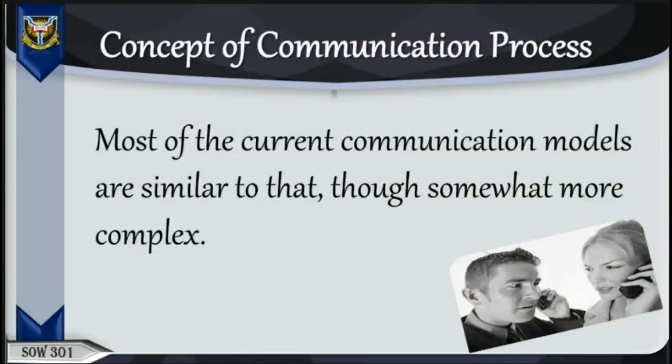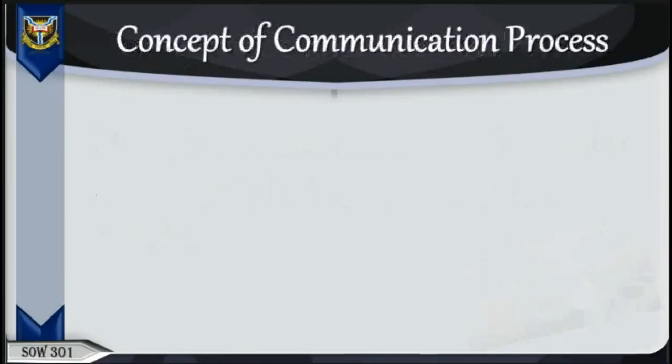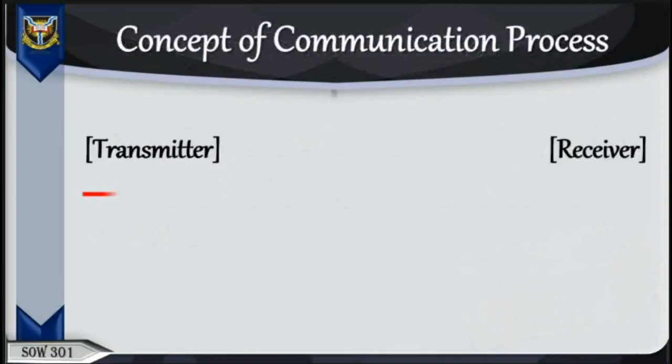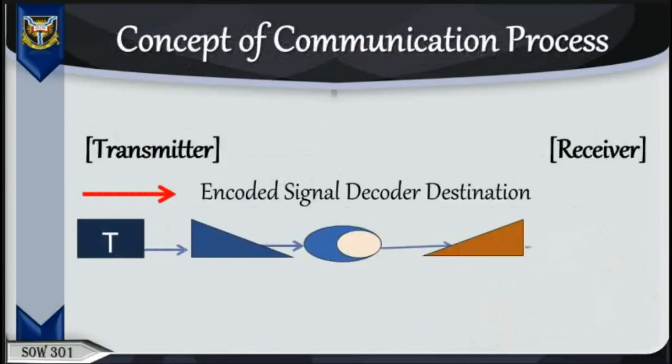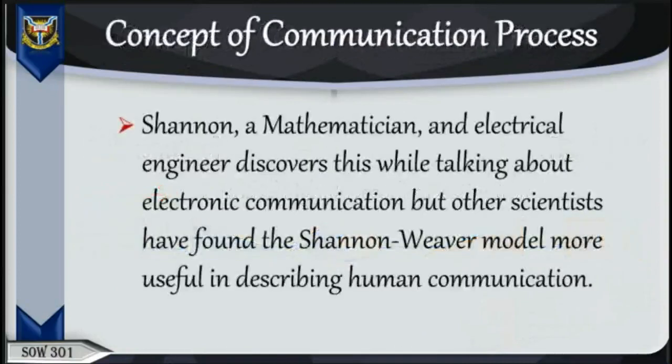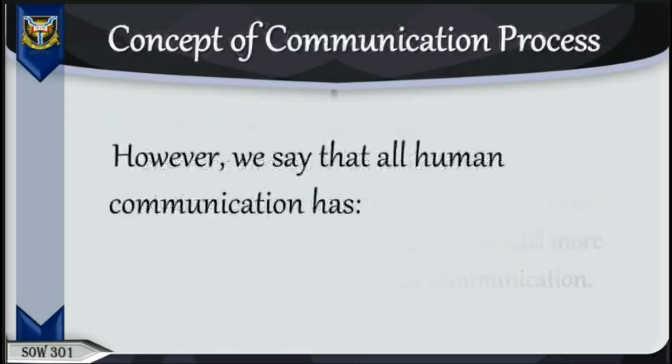Shannon and Weaver model of communication. Transmitter, receiver, encoded signal, decoder, destination. Shannon, a mathematician and electrical engineer, discovered this while studying electronic communication. Other scientists have found the Shannon-Weaver model useful in describing human communication.